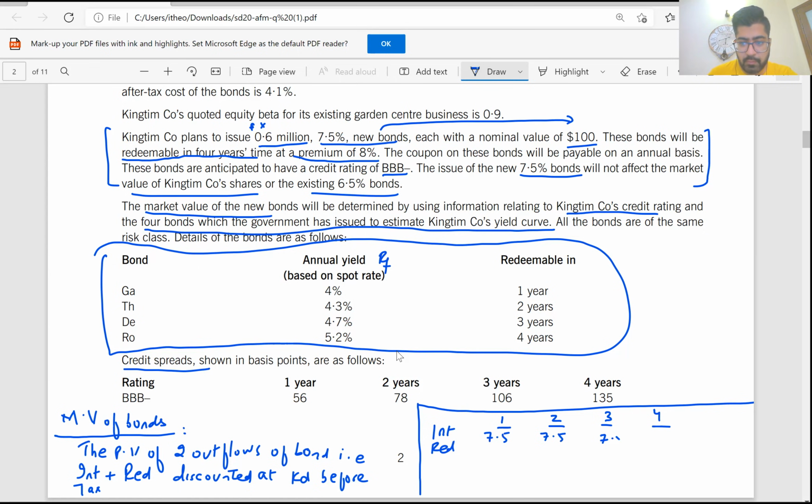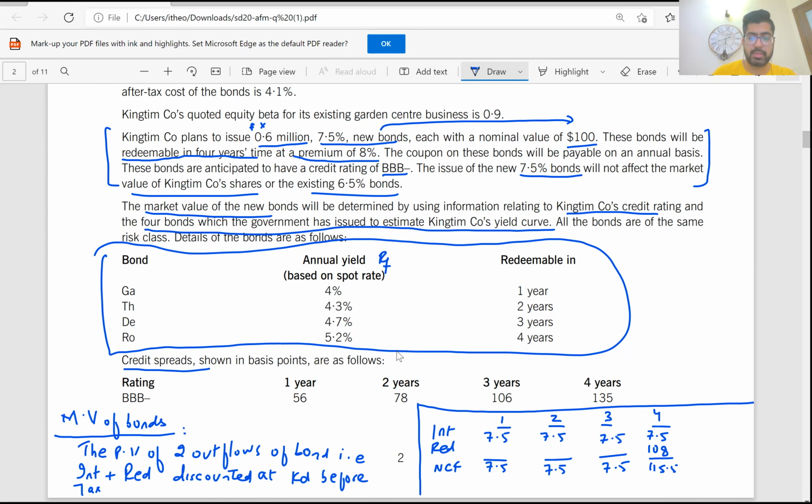This is the first outflow which you have to bear on this bond. And redemption is at the 4-year mark at a premium of 8%. That means they will be redeemed at 8% premium to par, 108. You will net them up. You will get net cash flows of each year: 7.5, 7.5, 7.5, and 115.5.